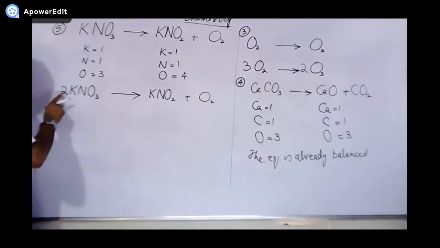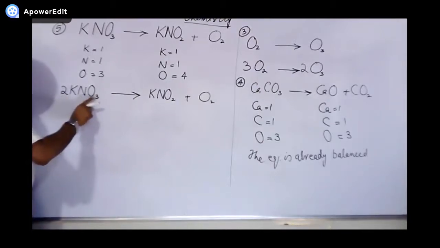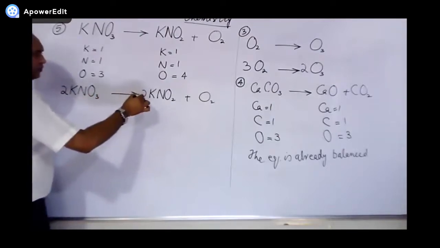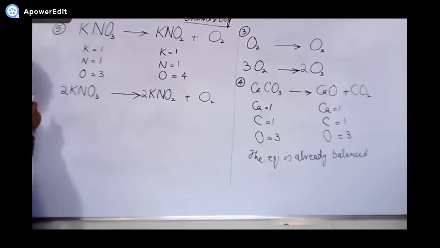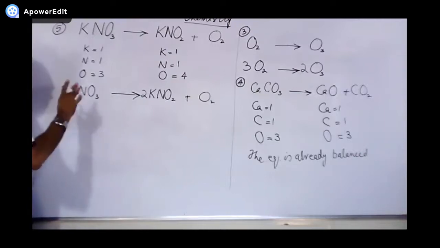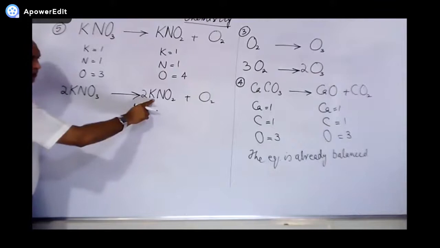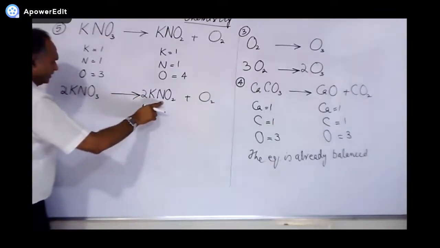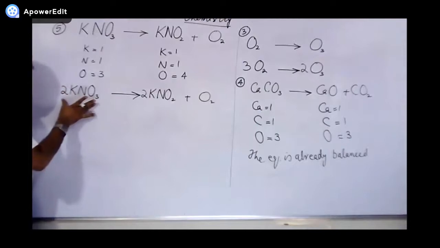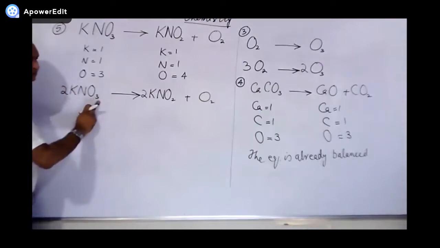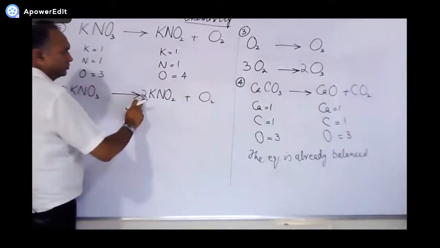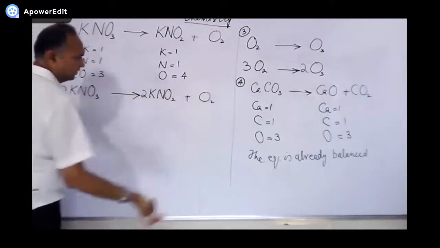Now see, 2 3s are 6 oxygens. 2 potassium, 2 potassium. I repeat, 2 potassium now, 2 potassium now. 2 nitrogen, okay, 2 nitrogen, okay. How many oxygen do we have now? 2 3s are 6. How many oxygen now? 2 to the 4 or 2, 6.